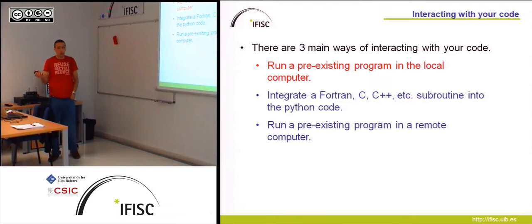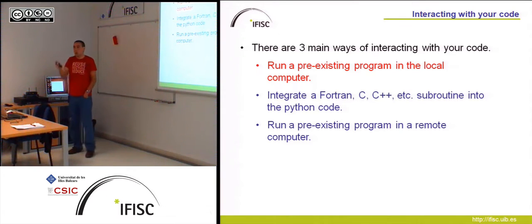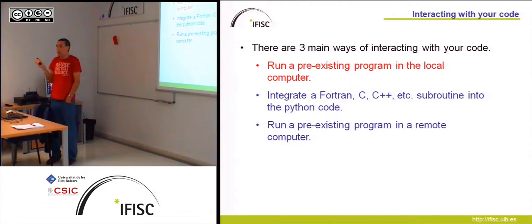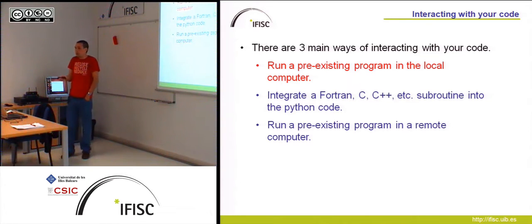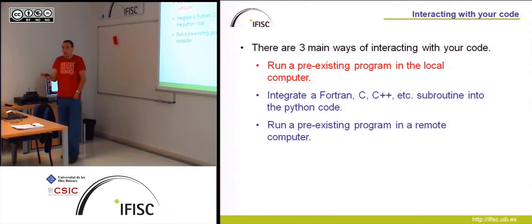So I will now go to the example, but I want to point out that there are three main ways of interacting between Python and your code. You have your code in Python, and you have some program that you have in, for example, Fortran, that you programmed like 10 years ago, and you don't want to program it again. You want to use the same libraries, you know that it's working and producing nice results, but you want to use it maybe with a more convenient interface.